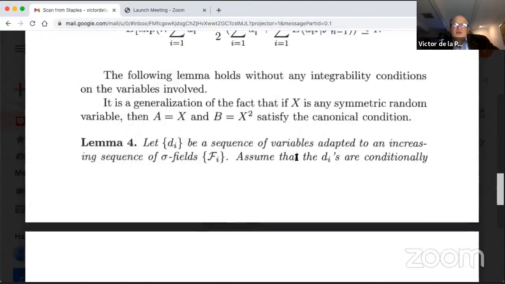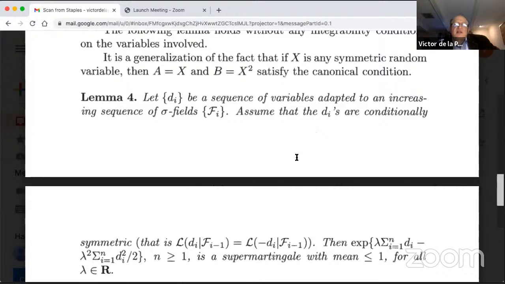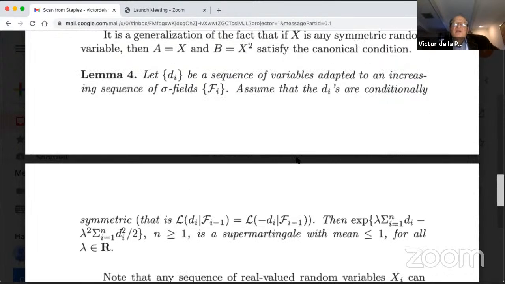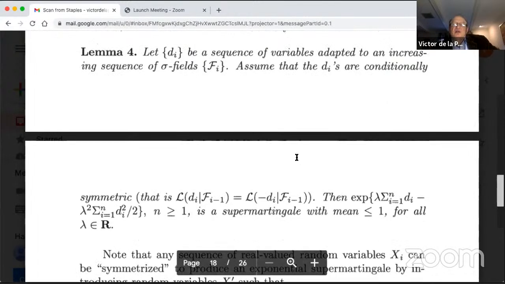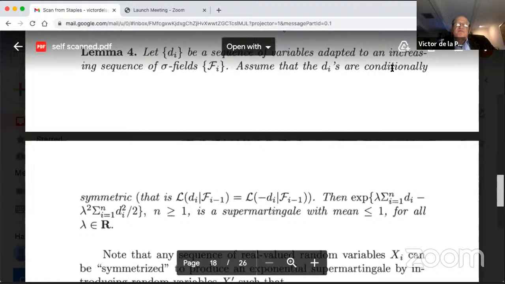Now, the next one is more modern. As I said before, we don't like to make assumptions. So in this result, suppose that you have a sequence of adapted variables, and we assume that the d_i's are conditionally symmetric. So I'm dropping the moment assumptions.